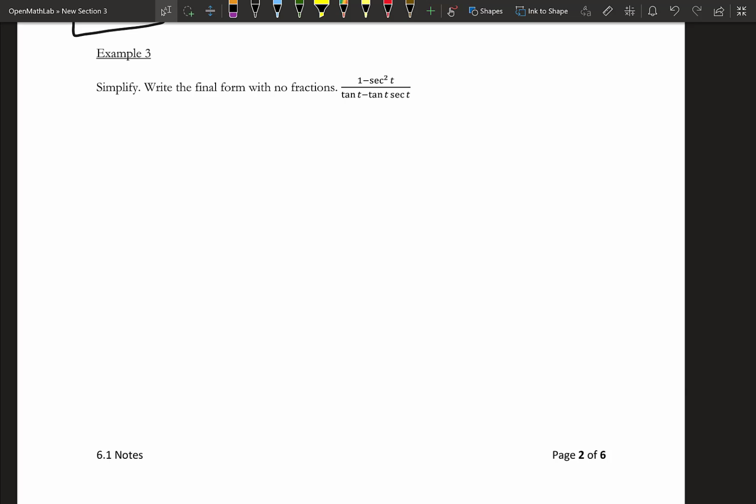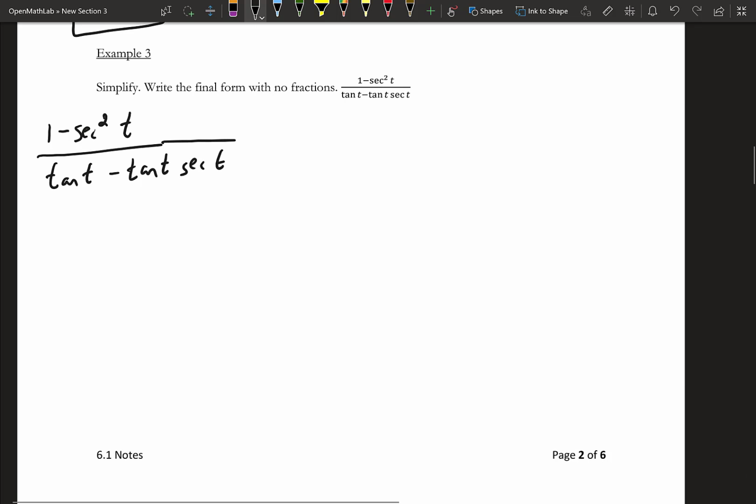So example 3, we want to simplify. Same directions as before: we want no fractions in our final answer. So we have 1 minus secant squared t, all divided by tangent t minus tangent t secant t.